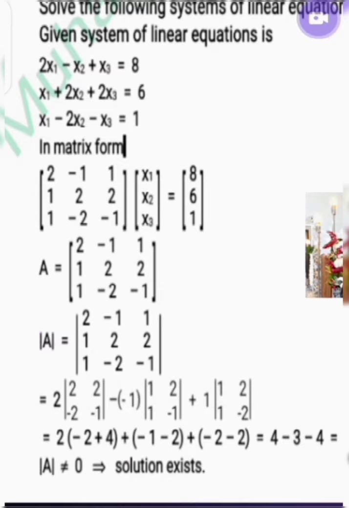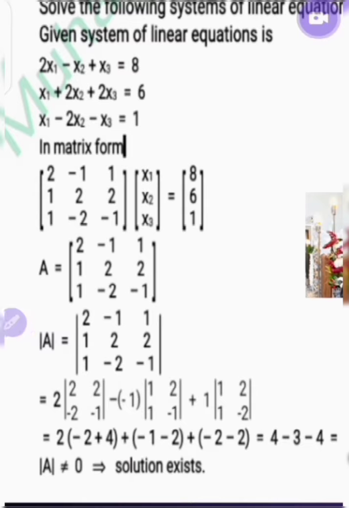If we multiply the second row with the column, we will get this one. And if we multiply the third row with this column, then we will get this equation. Okay.